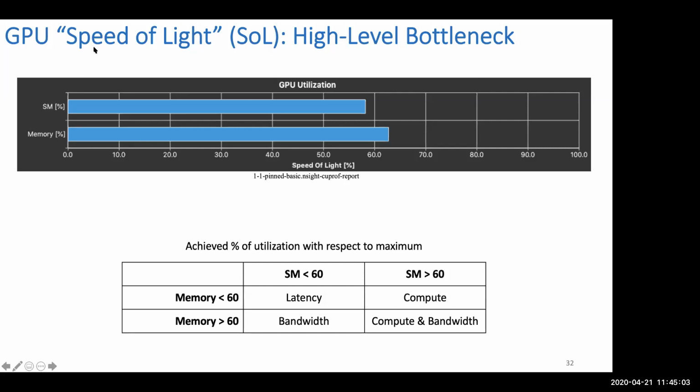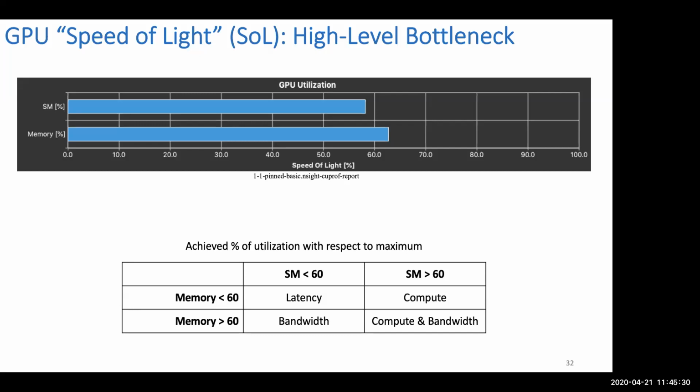Okay. Actually, we have a few more questions, Carl. Yeah, so this is great. I think we had a follow-up about the meaning of compute and bandwidth in the chart. Just to make sure this is clear, we're compute limited if the SM utilization is high and the memory utilization is low, because that means we're getting a little bit from memory and then trying to do a lot with it.